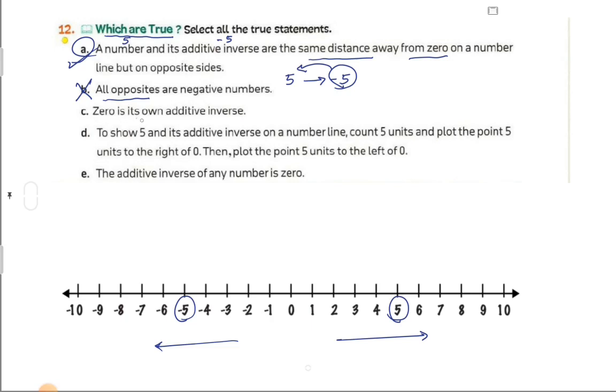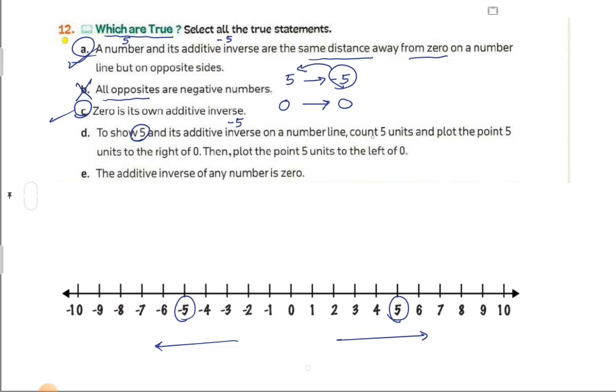0 is its own additive inverse. Yes, 0, its opposite 0. It's right. To show 5 and its additive inverse, negative 5, right?